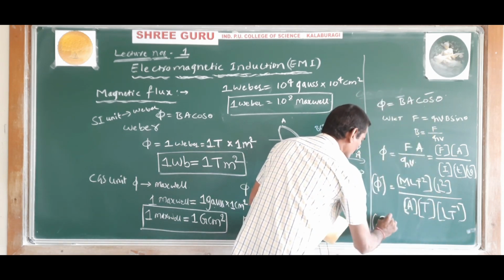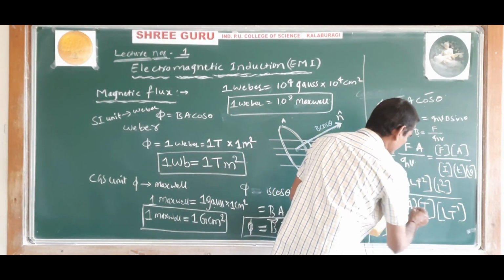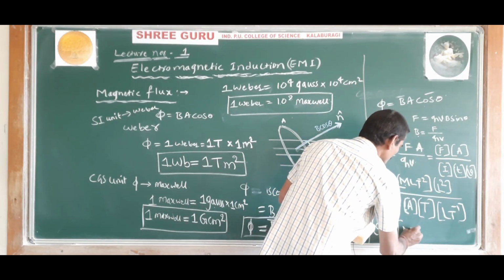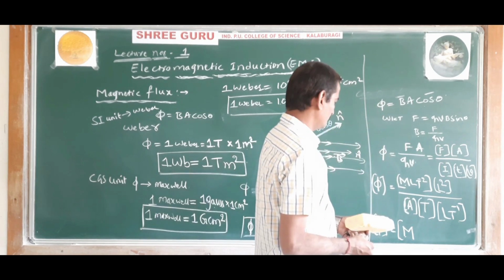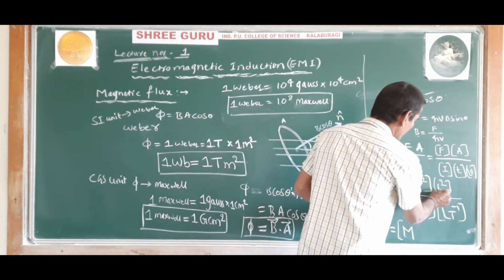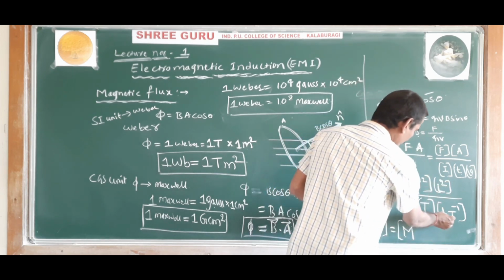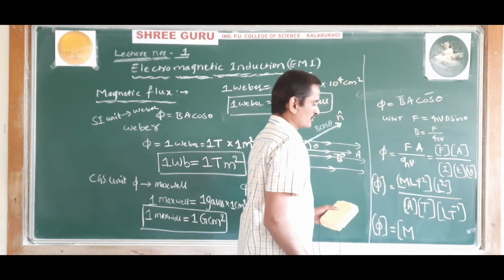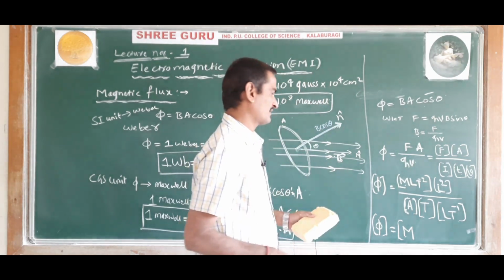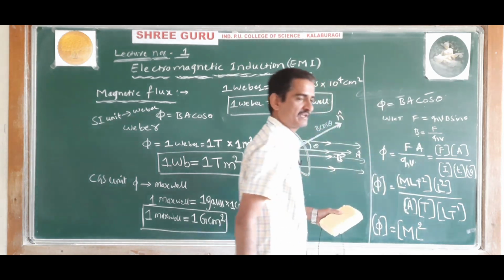So the dimension of magnetic flux: M is only 1, so M raised to 1. L raised to 1 and L raised to 2 give L raised to 3, and the L in the denominator goes to 3 minus 1, so L raised to 2.